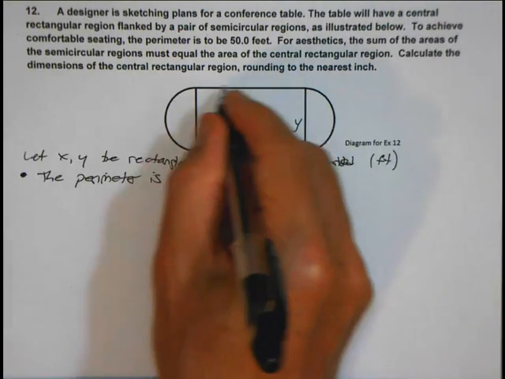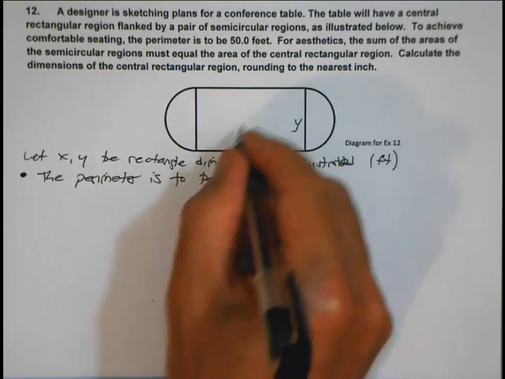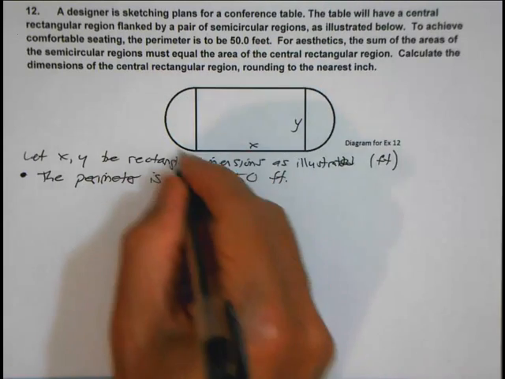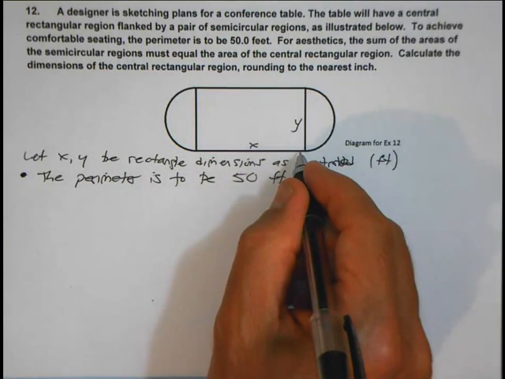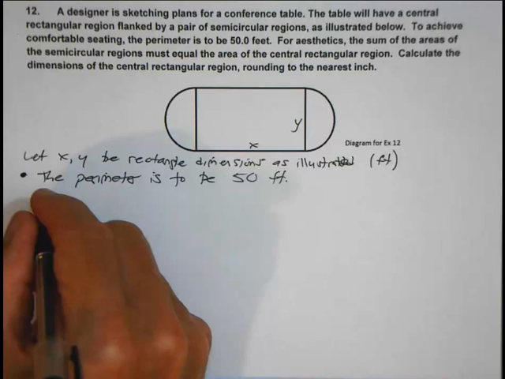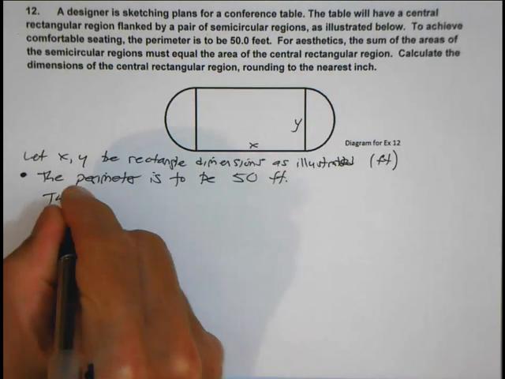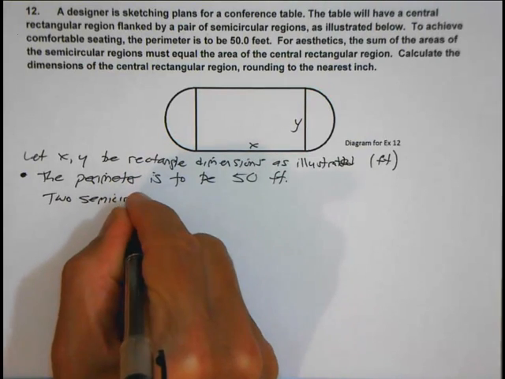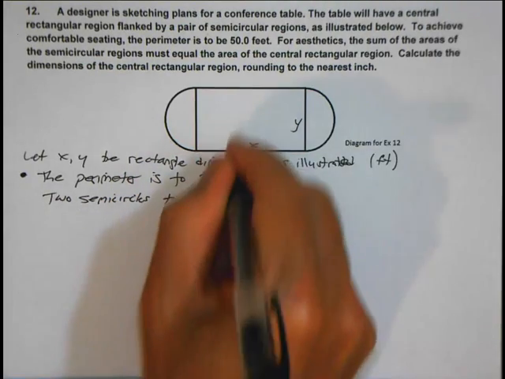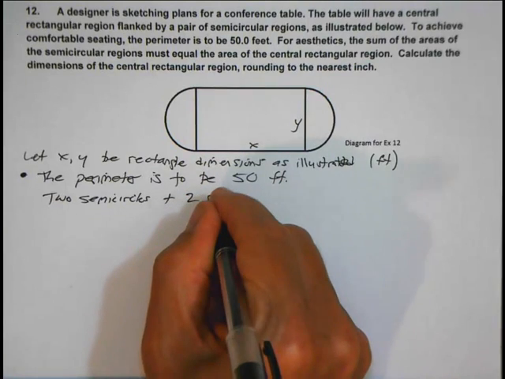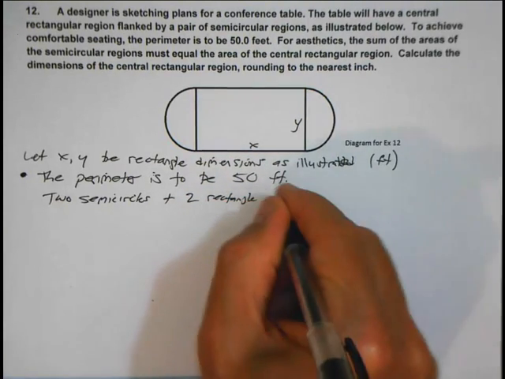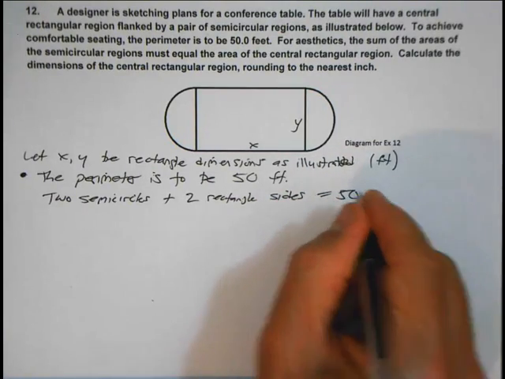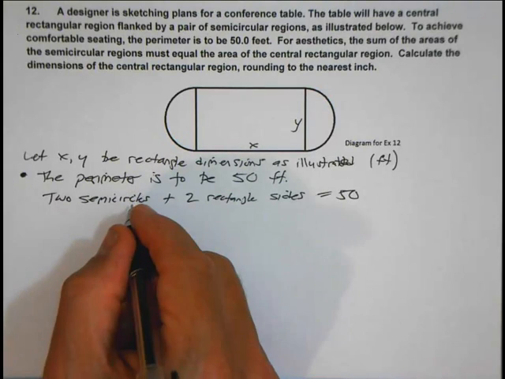It will consist of 2 of these rectangle lengths plus a semicircle and another semicircle. So it looks like we have 2 semicircles plus 2 rectangle sides equaling 50.